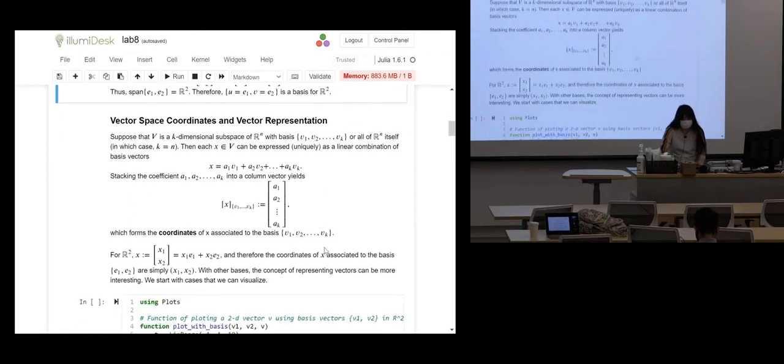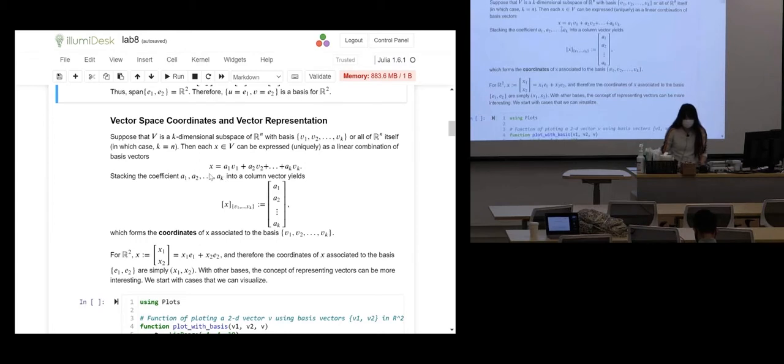Suppose we have a set of bases V1 to Vk for the subspace V. We know that each X that belongs to this subspace can be expressed as a linear combination of the basis vectors, and it is also a unique linear combination of those basis vectors.